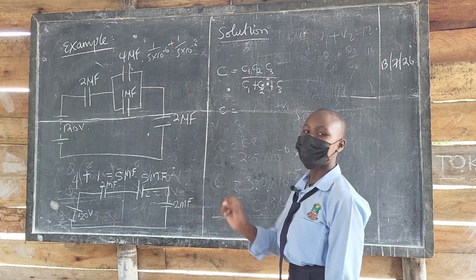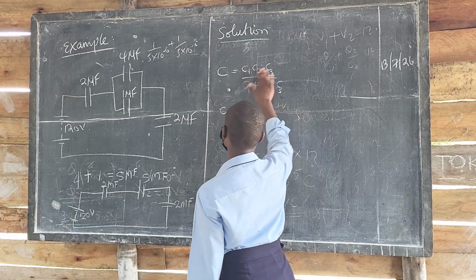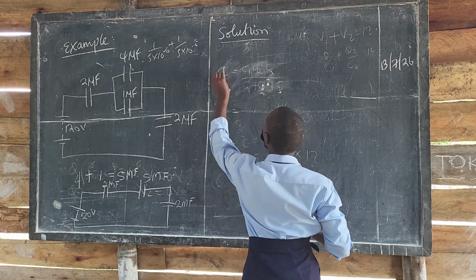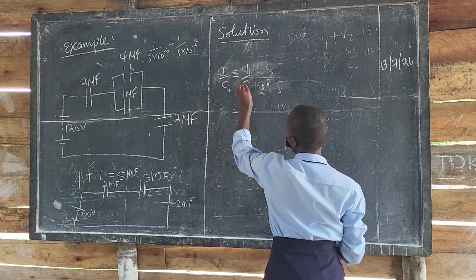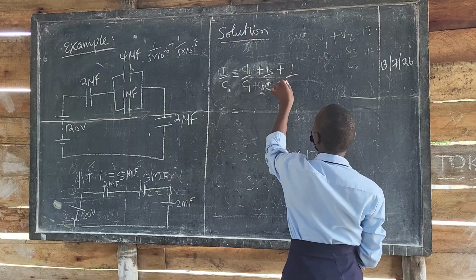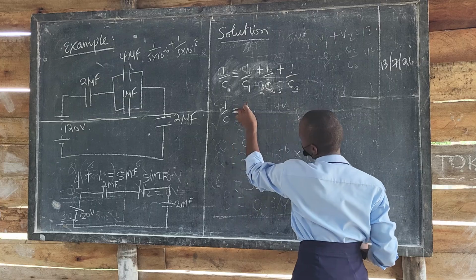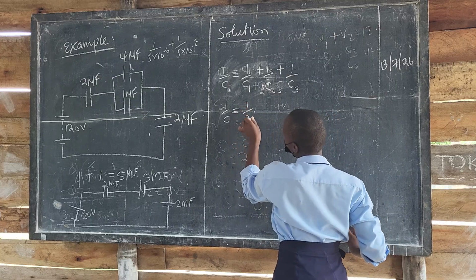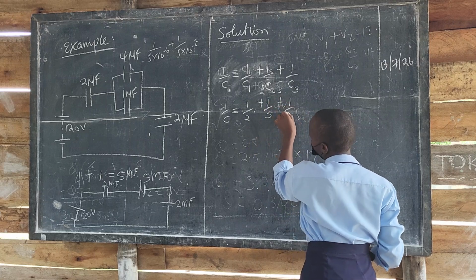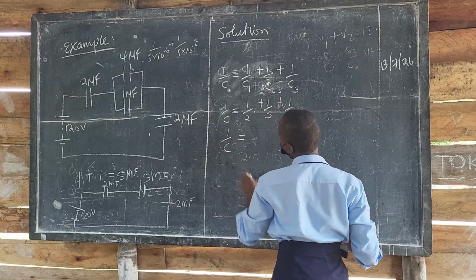I think for that case, let us use 1 over C equals 1 over C1 plus 1 over C2 plus 1 over C3. And here 1 over C equals 1 over 2 plus 1 over 5 plus 1 over 2.